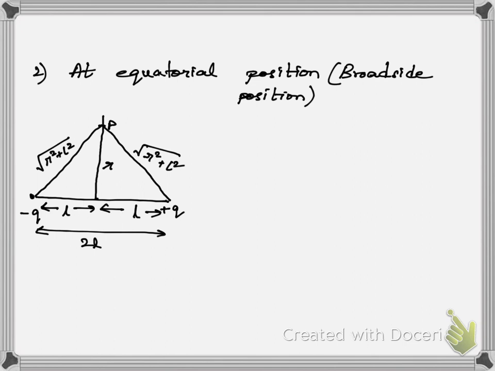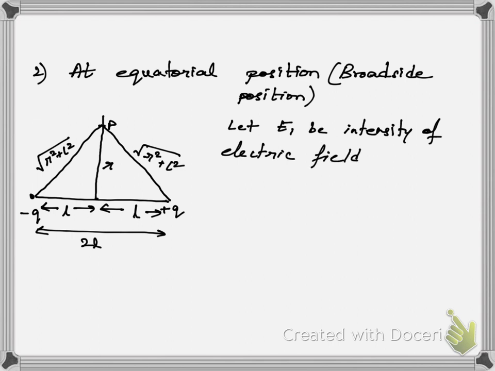In a similar way, we shall first find out the expression of intensity of electric field due to these individual charges, and then we can find out the resultant. So let E1 be the intensity of electric field at P due to the charge minus q.